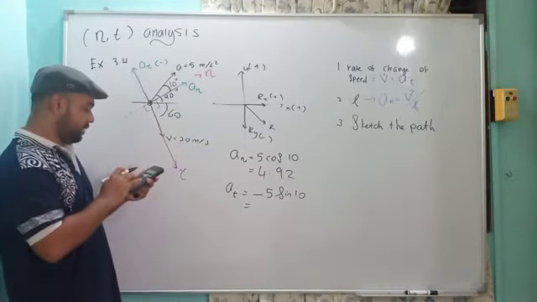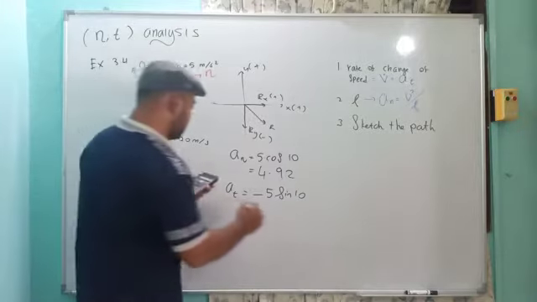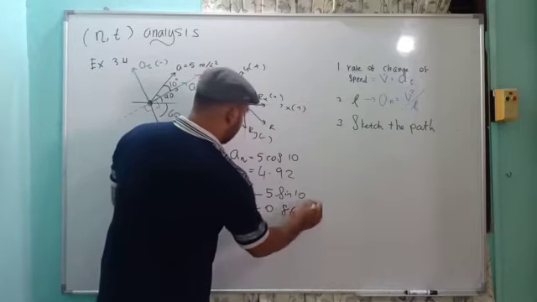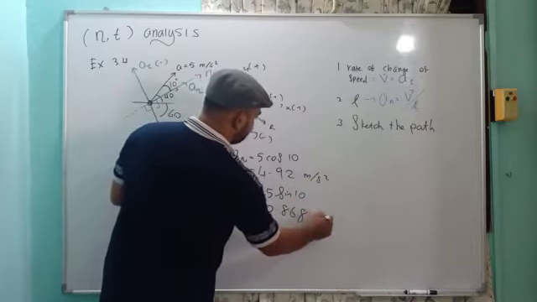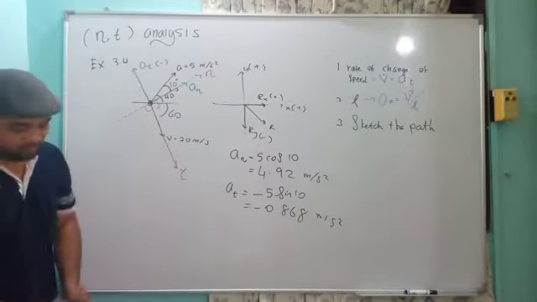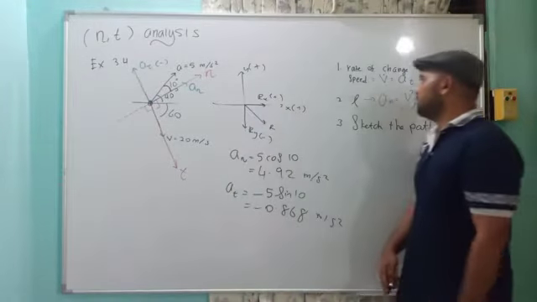Negative 5 sin 10 is negative 0.868 meter per second squared. Okay, so now we have these two components. You can answer this question.